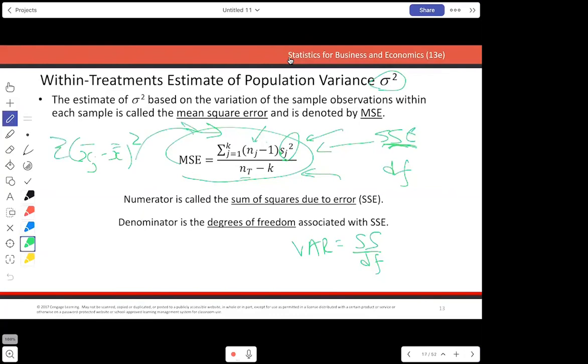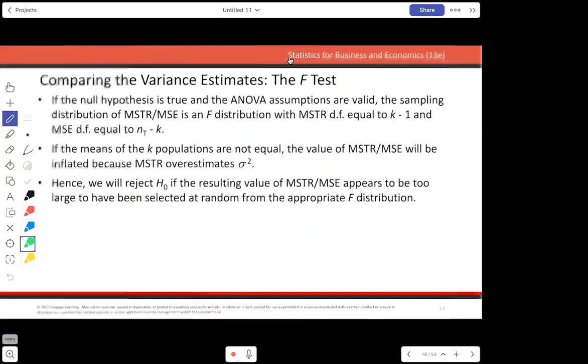That there is the same thing. Right? That's the sum of squares. Okay, so we now have the denominator degrees of freedom, and it's right here. So now if we want to compare those two variances, we take the ratio of the two and then we measure it out. So let's look at this.